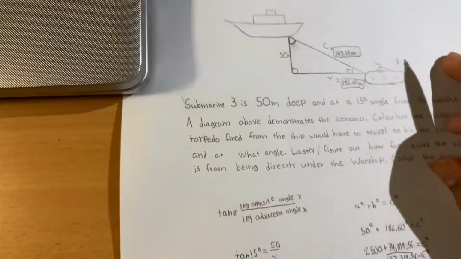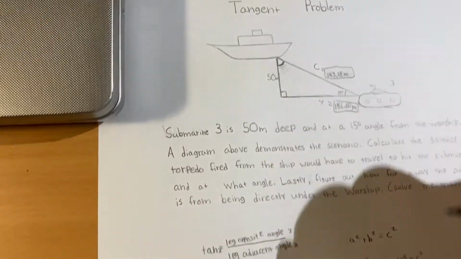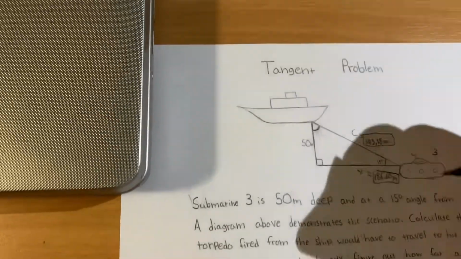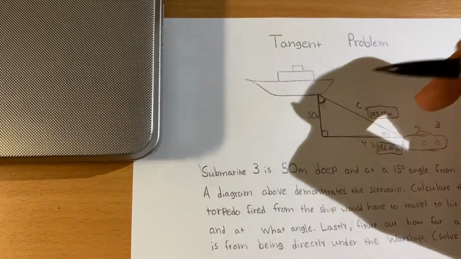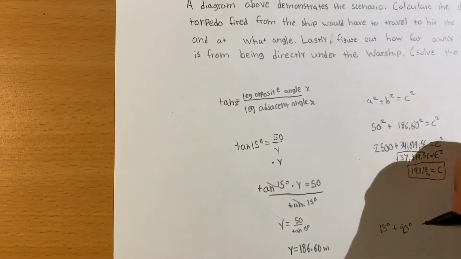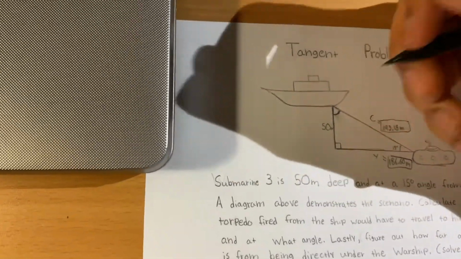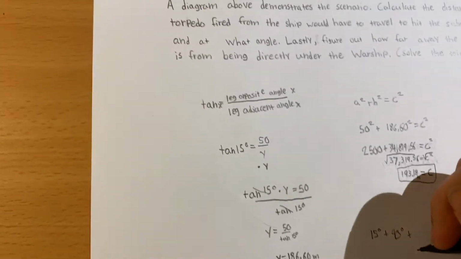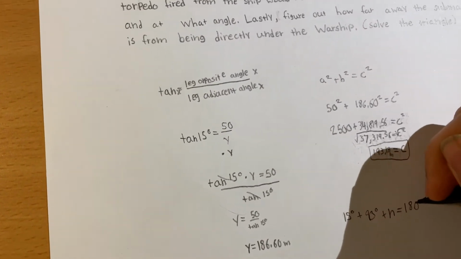So all I have to do is, since we know one angle is given, so that's 15 degrees. 15 degrees plus the 90 degrees, which is the right angle, plus whatever this angle is. And I'm just going to label it n. So this plus n equals 180 degrees.